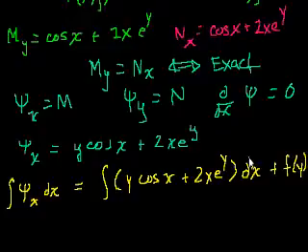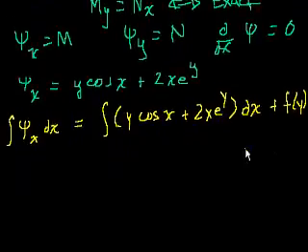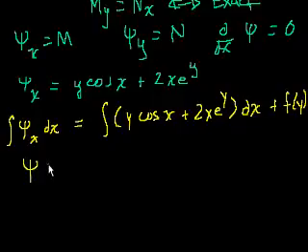So when you take the antiderivative, there might have been some function of y that we lost when we took the partial with respect to x. So anyway, xi is going to be equal to the antiderivative with respect to x here, plus some function of y that we might have lost.